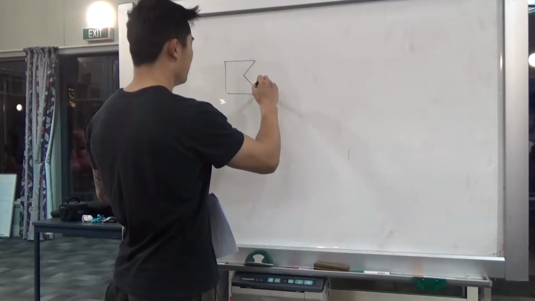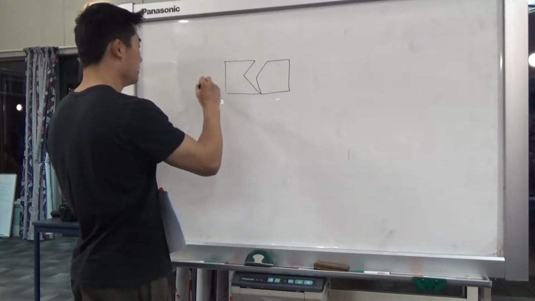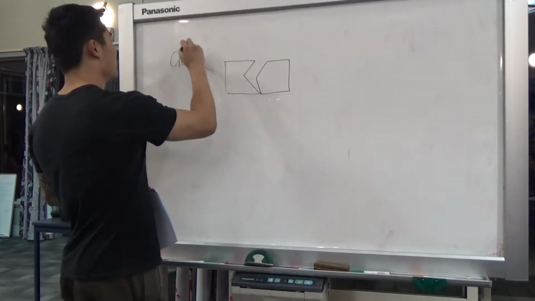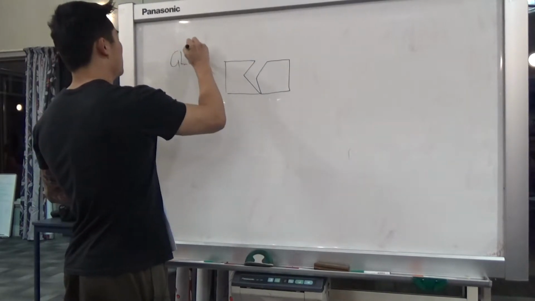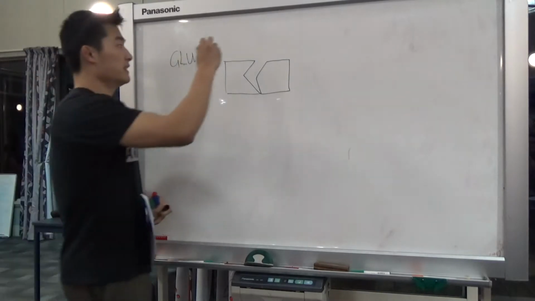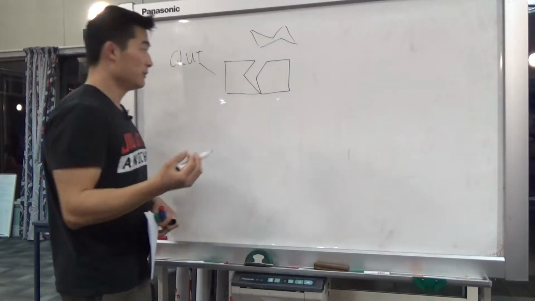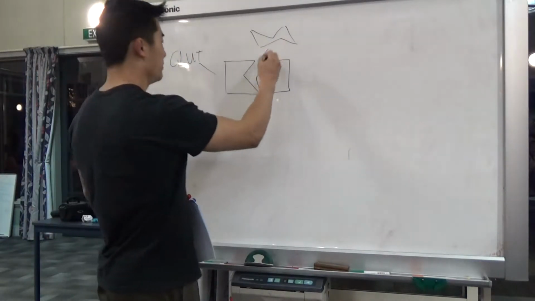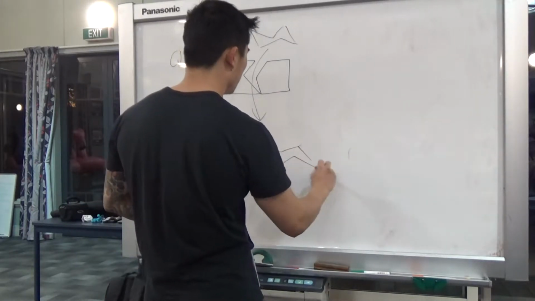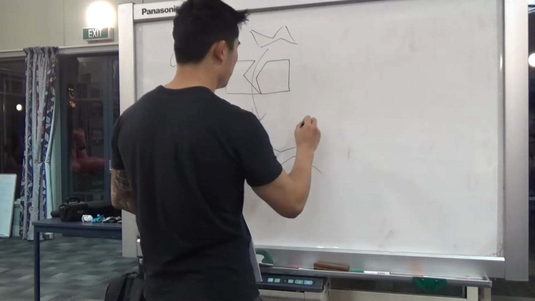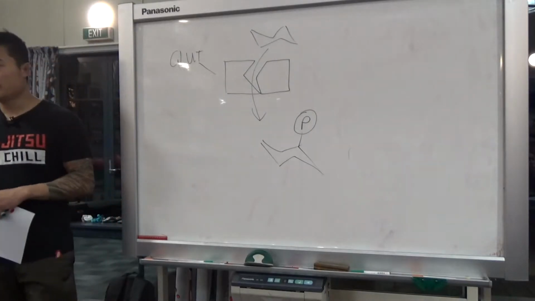If this is your glucose transporter, and here's your glucose molecule, it can bring it in, but once it's got a phosphate group attached to it, it will no longer fit in that glucose transporter.